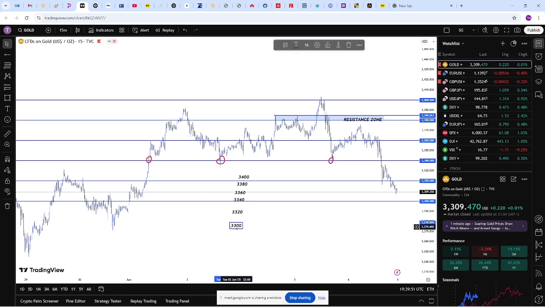Somebody can say that since I've gotten the psychological levels, I am going to start all the way from maybe 2000, and the person will draw it all the way to where it is now, the current price, which is 3,400.